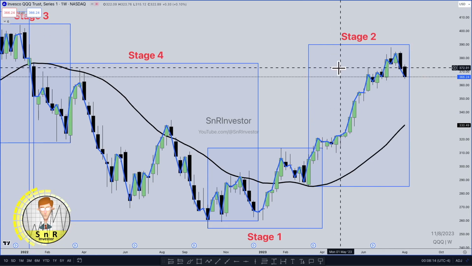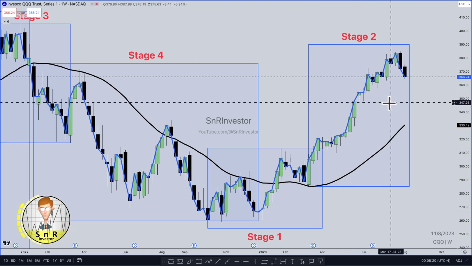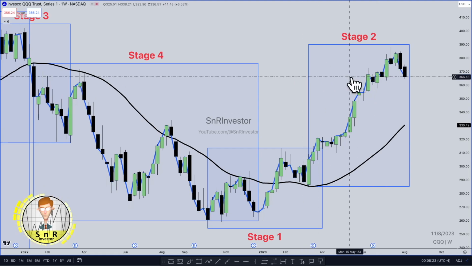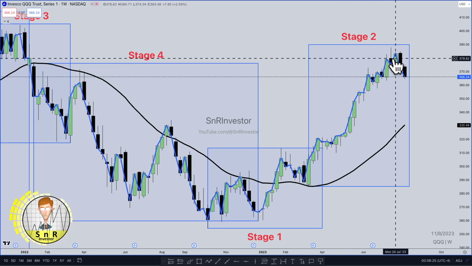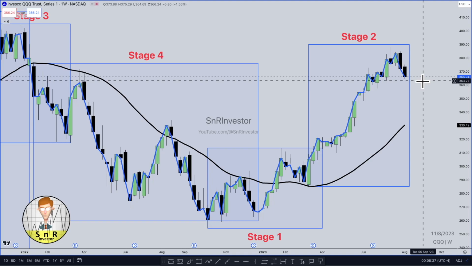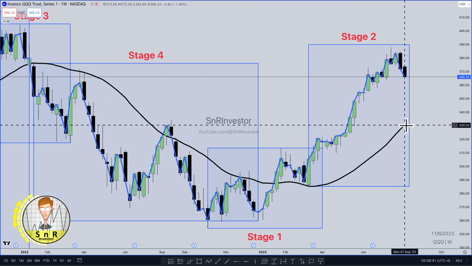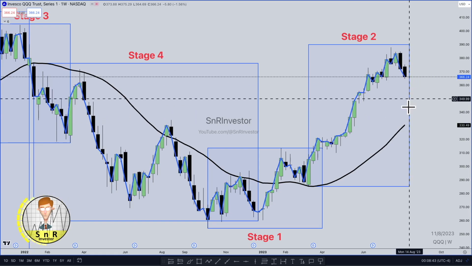That is something that you have to look out for when you analyze your own chart using stage analysis, that it could go into stage 3 and stage 4, and you might not want to invest in QQQ at that point, but it could also continue in a stage 2 move. So you have to see how price interacts with the 30-week moving average when they meet each other.